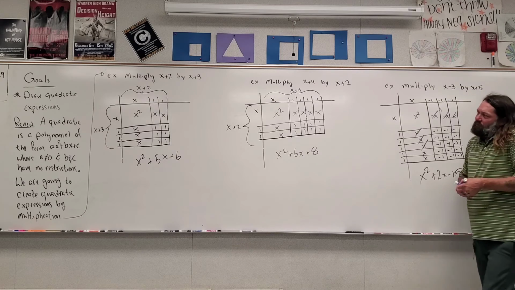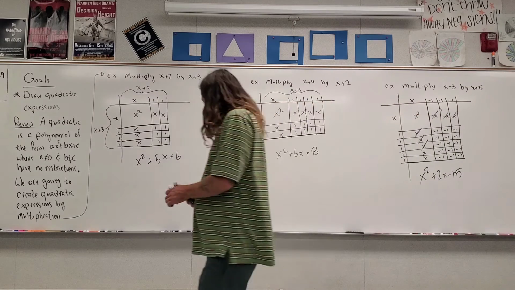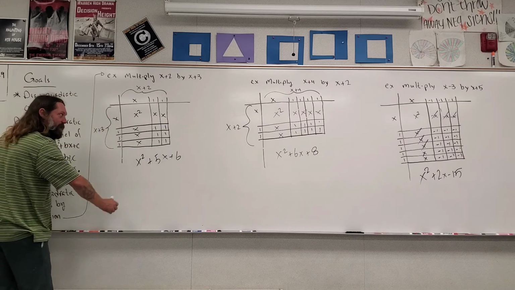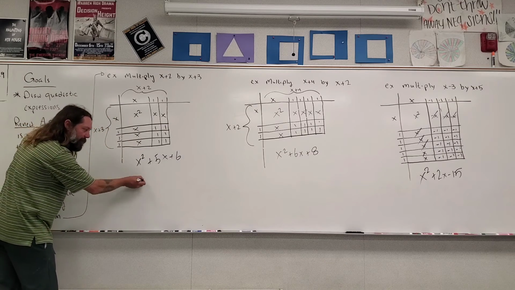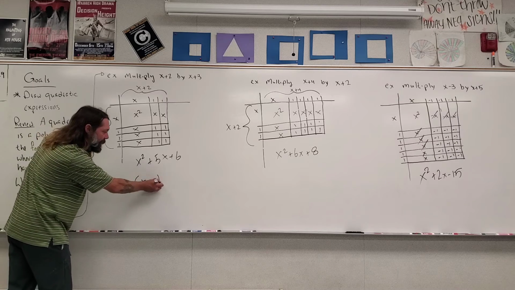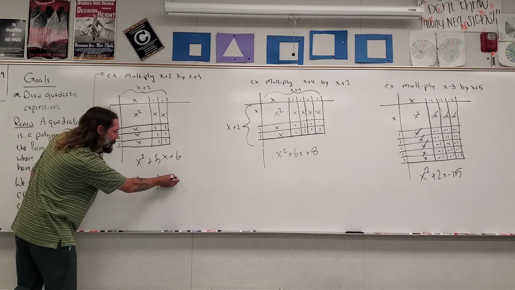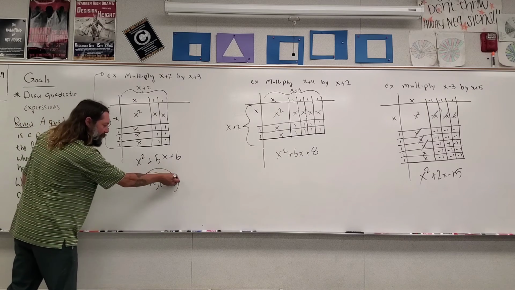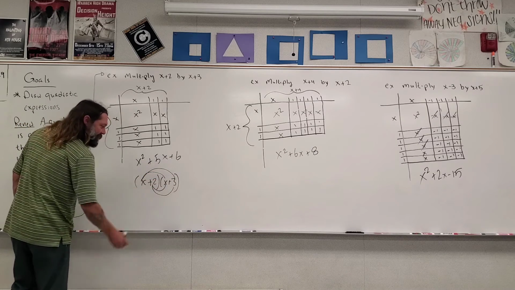And just to verify that this actually works, I'll show you that if you were to FOIL out, let's say this, we would get the same result. So here I have my x plus 2, and I'm going to multiply it by my x plus 3. So I'll go firsts, outers, inners, and lasts, FOIL.